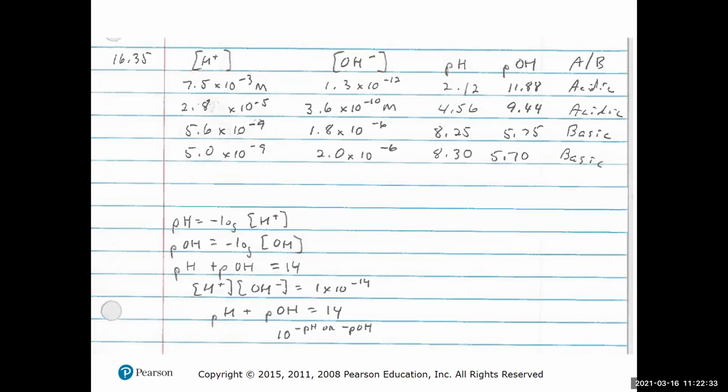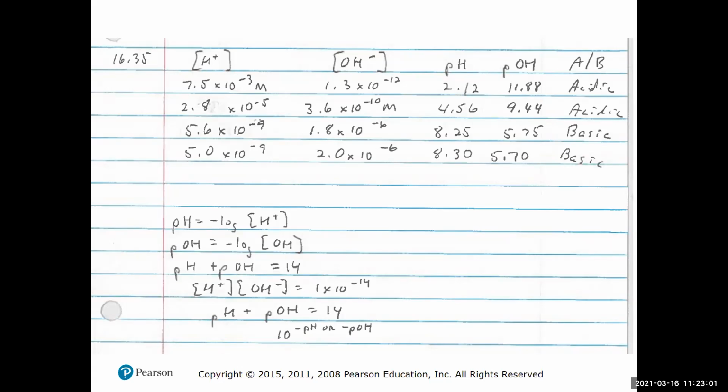To remember, if you have the pH value or the pOH value, and you want to get the concentration, you would do 10 to the minus whatever that number is, pH or pOH, okay? So that's one of the things, make sure you know how to do that on your calculator. So for instance, if you had a pH of 2.12 and you wanted to find out what that concentration was, it would be 10 to the minus 2.12.